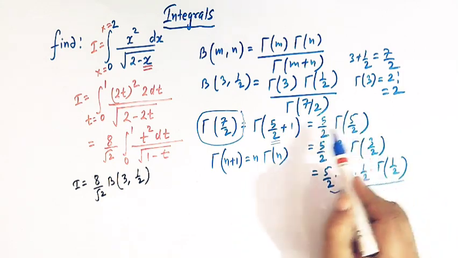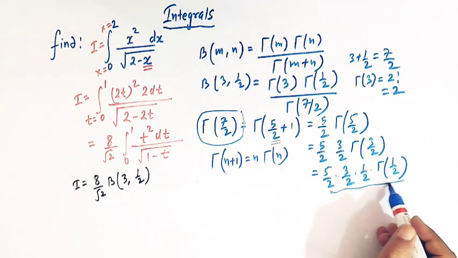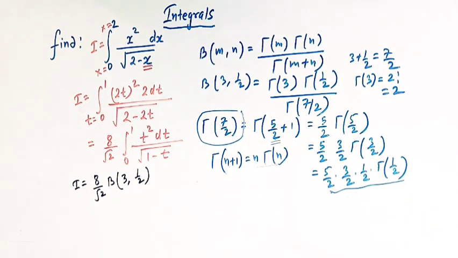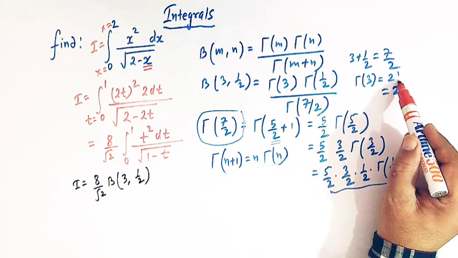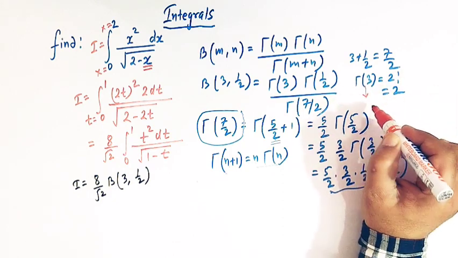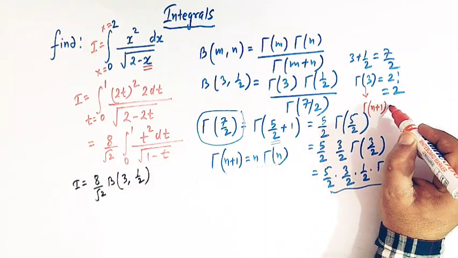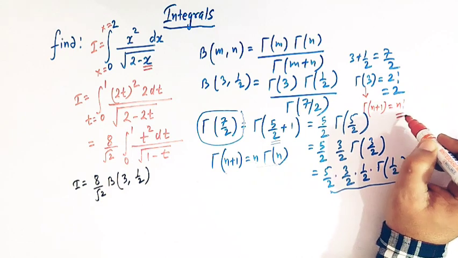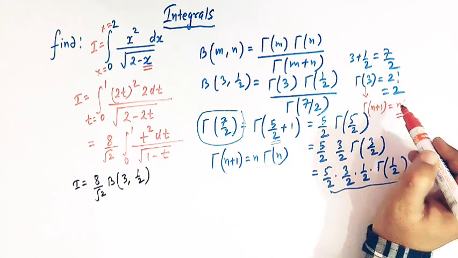So successive application of this formula leads to this expression, right? And here we have written gamma of 3 as 2 factorial. 2 factorial is simply 2, and here we have made use of this result, that is gamma of n plus 1 is equal to n factorial, right? So 3 can be written as 2 plus 1 and n is 2, so we have 2 factorial, right?